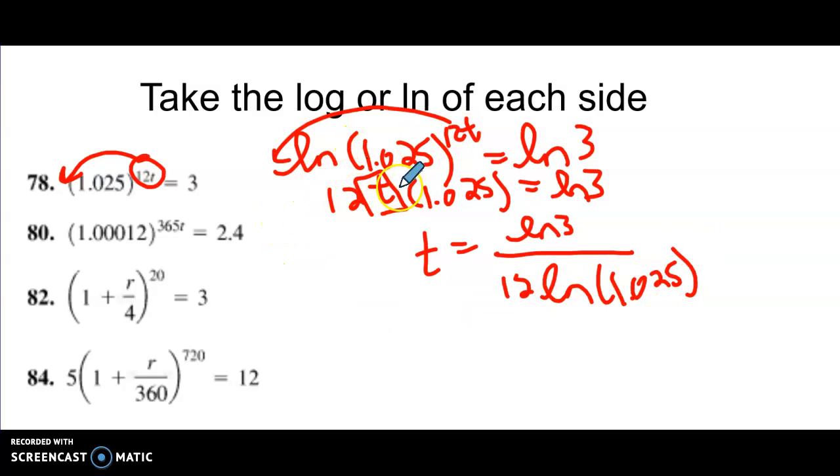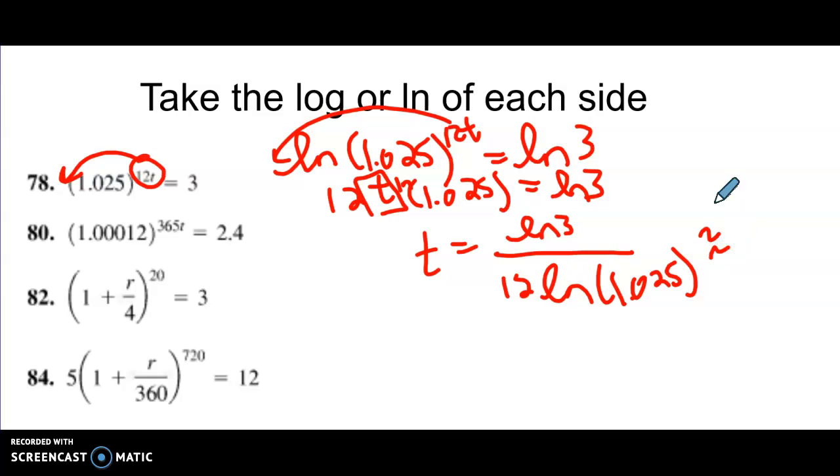Okay, I forgot my natural log here. So anyway, I took the natural log of both sides, brought the 12t in front of the natural log of 1.025, divided both sides by 12 natural log of 1.025.